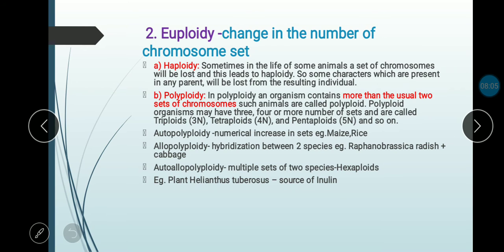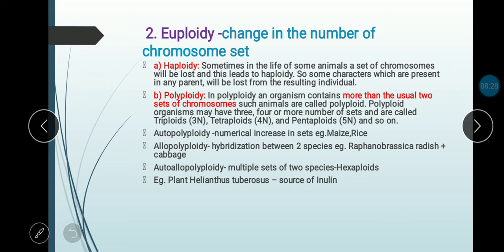The second type is polyploidy. In polyploidy, an organism contains more than the usual two sets of chromosomes. Normally, each one has two sets of chromosomes, but a larger number of sets is present in these. Such organisms are called polyploids.